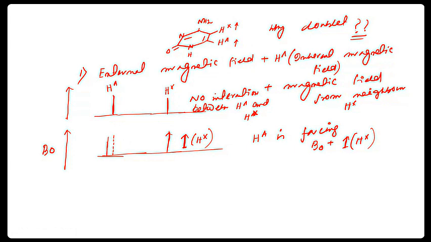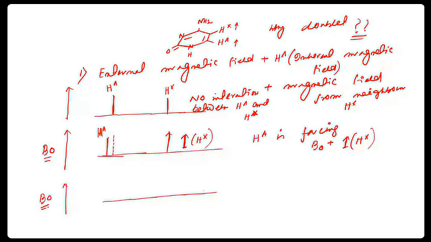That's why this Ha now comes here, because it feels the magnetic field B0 plus Hx as it is aligned. I hope you clearly understand these things. If it did not interact with Hx, the peak was supposed to come here. Now think about these things. Another thing is there.